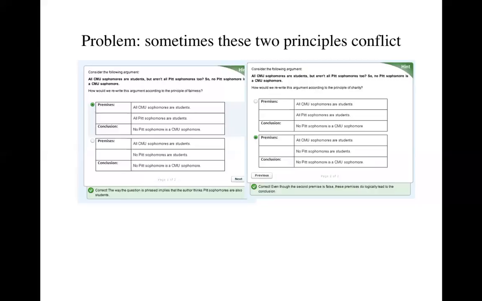No Pitt sophomores are students. Therefore, no Pitt sophomore is a CMU sophomore. So, we would rewrite it this way according to the principle of charity, according to the text, because this makes the argument stronger. Because rewriting it the second way makes the argument valid, whereas it's invalid when it's written the other way.